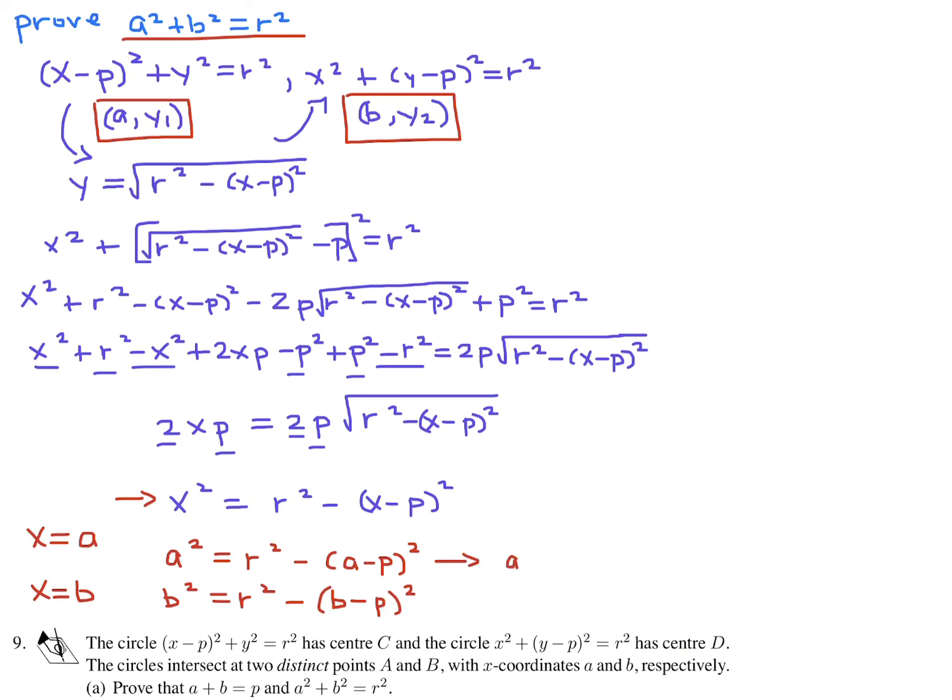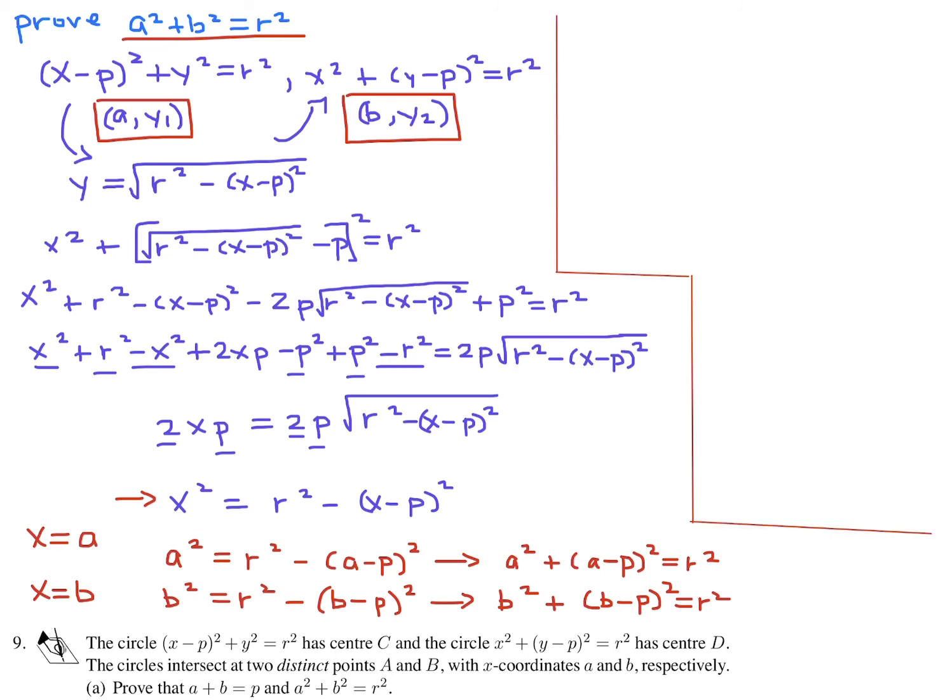And if you rearrange these a little bit, you get a² + (a − p)² = r². And that one, in a very similar way, becomes b² + (b − p)² = r². And there you go. Since those two both equal r², we can set them equal to each other. So I'll do that up here.